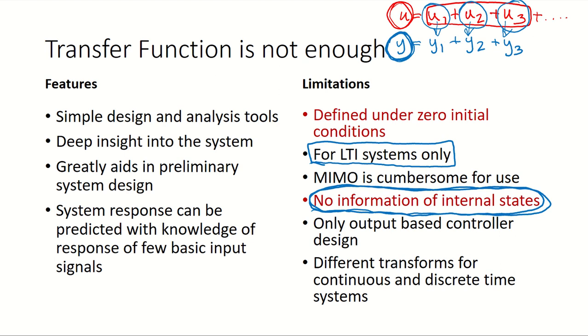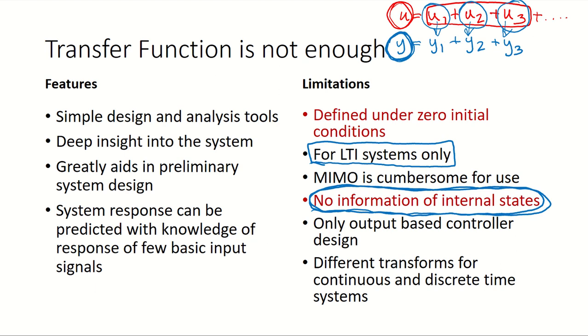So that is also a limitation. One can consider it as a limitation, because in modern control systems, we are just about to begin studying state space representations, state space realizations.